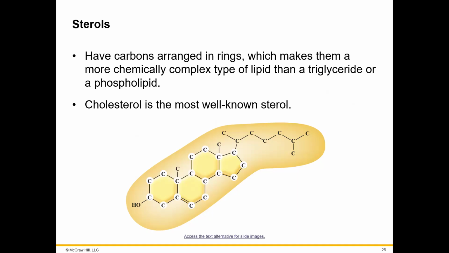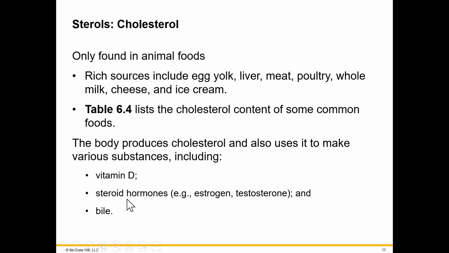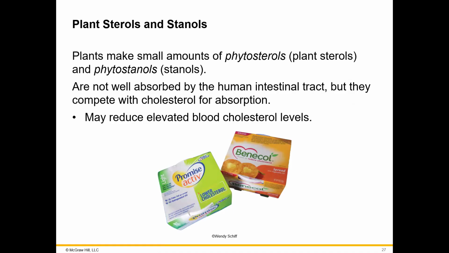It is also integral in the production of steroidal hormones, where estrogen and testosterone are examples, as well as bile, which we talked about before. If you remember, I think it was chapter 2, where we talked about digestion in general, where fats are absorbed, and the function of the liver in producing bile and storing that bile in the gallbladder for use. We'll talk about that in a second, in the duodenum of the small intestine.